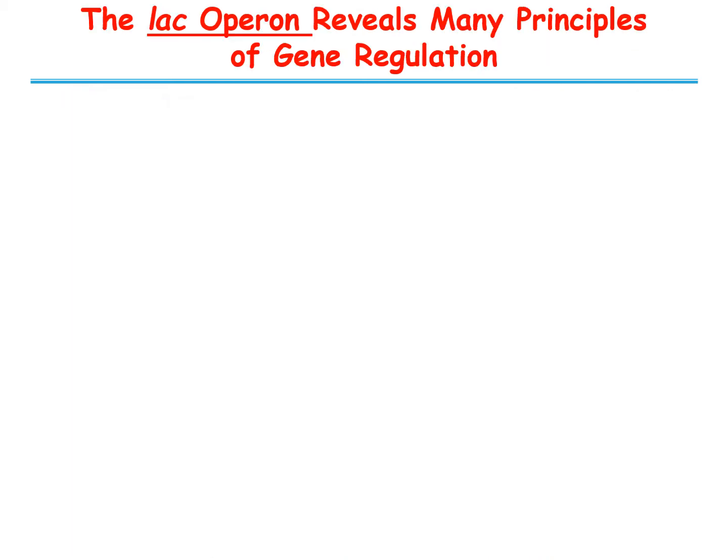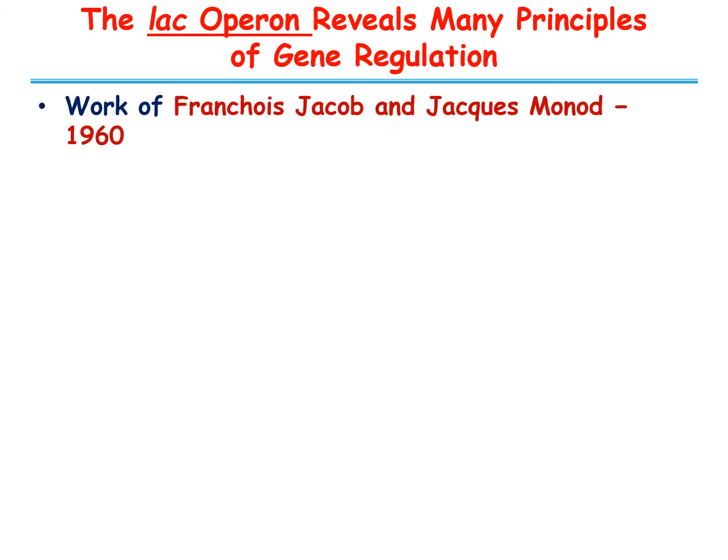Let's now get to the lac operon. The lac operon was first explained by Francois Jacob and Jacques Monod through their work in 1960. I must give you some brief about the lac operon. It is the operon which helps the bacteria utilize lactose as fuel.